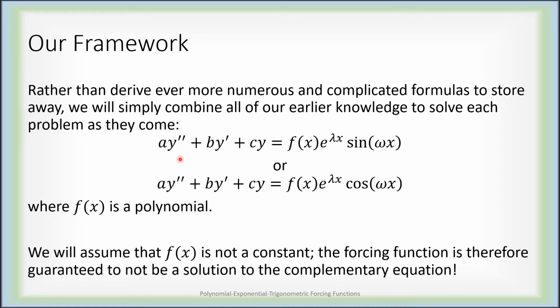So for these second-degree constant coefficient equations, you can never solve the complementary equation with a polynomial that isn't constant times an exponential times a trig function. So we don't need to worry about what if our forcing function solves the complementary equation. As long as f(x) isn't a constant, as long as it really does have powers of x in there, it's guaranteed not to.